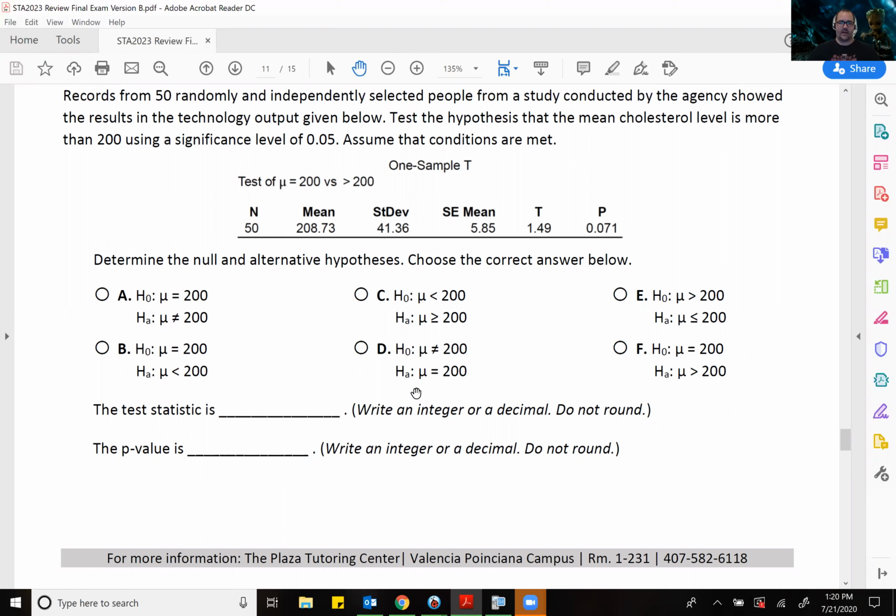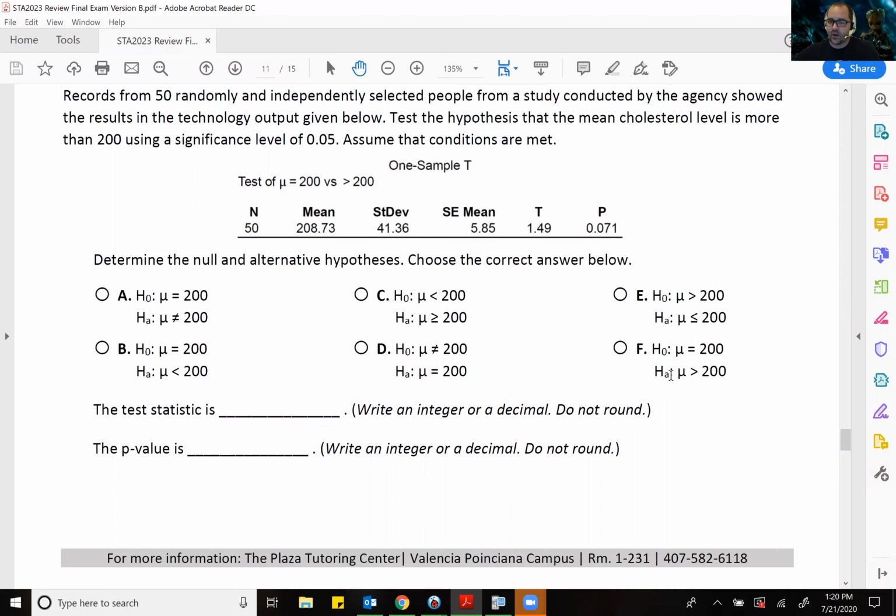C, D, and E are out. All right, so we want to be more than. So that's not equal, so it's not that. That's less than. Here it is, it's F. So the answer is F, because the null is mu equal to 200. The Ha is mu has to be greater than 200.